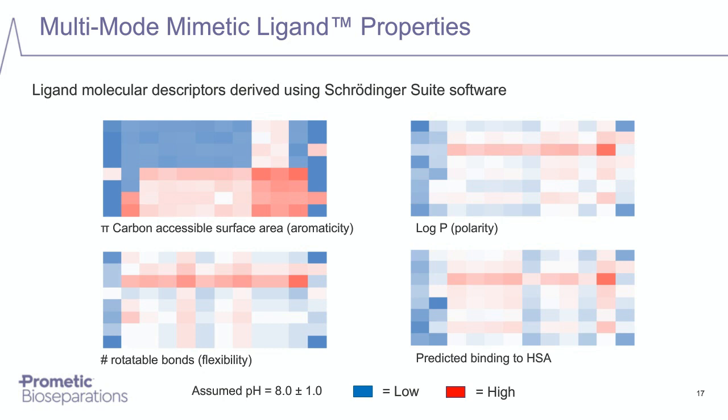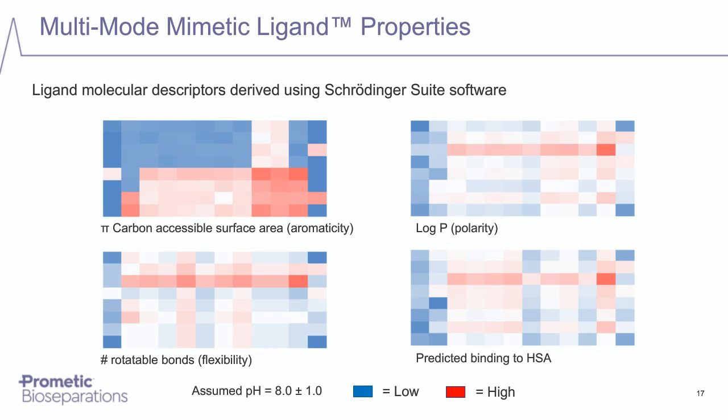And if you look here, you can see 3 of these patterns are actually quite similar. Log P, the number of rotatable bonds, and predicted binding to albumin all look fairly similar. And you can see there's one ligand in the C11 position that's lighting up very strongly in all cases. And this is because this particular ligand has a very long hydrocarbon chain for the aliphatic group.